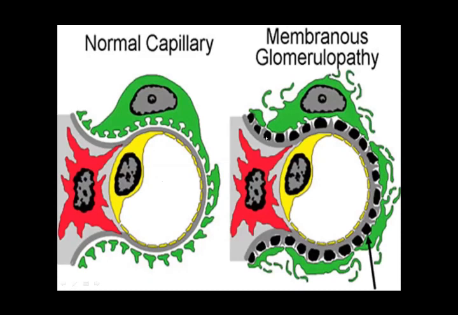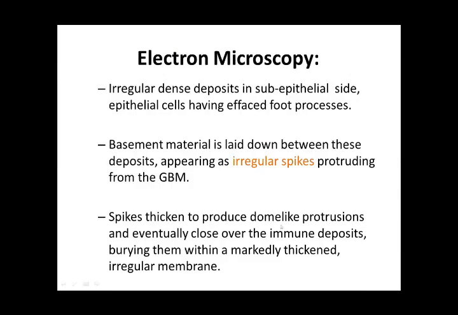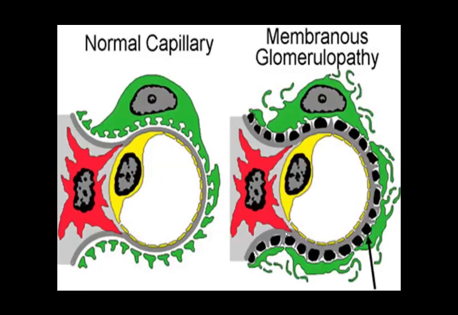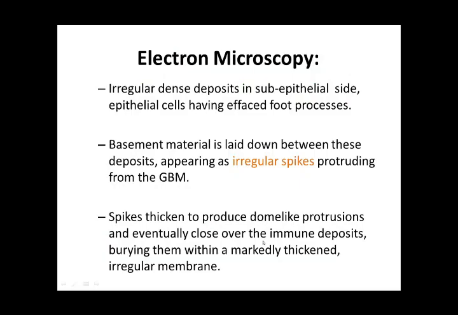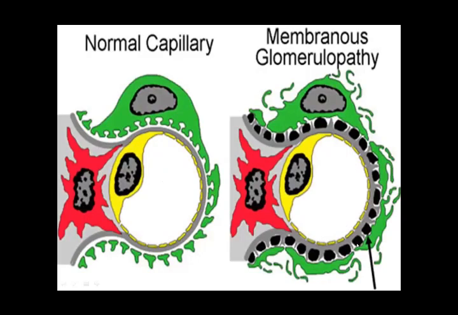So I told you before that spiky immune deposits are present in the subepithelial area of the GBM, and these areas eventually close in dome-like protrusions. Eventually the GBM closes over the immune deposits, and they are buried in a markedly thickened irregular membrane.